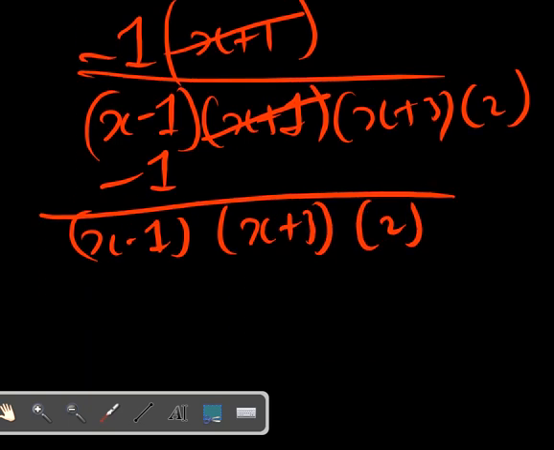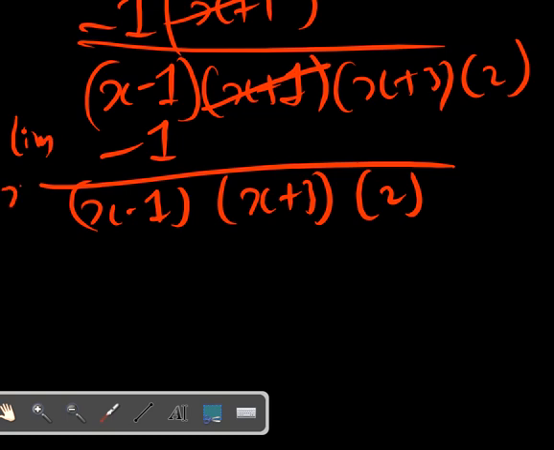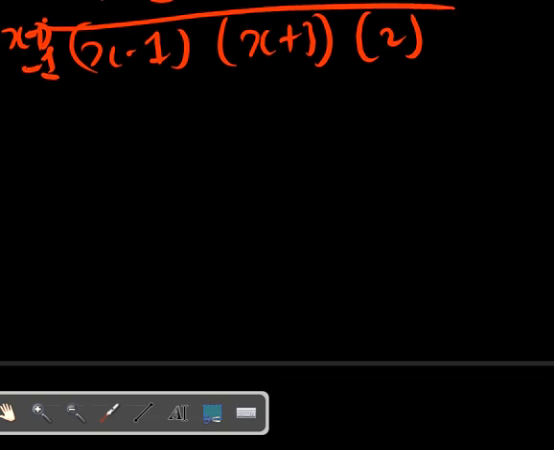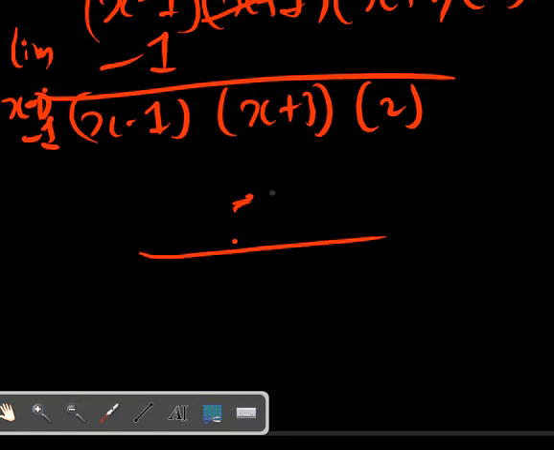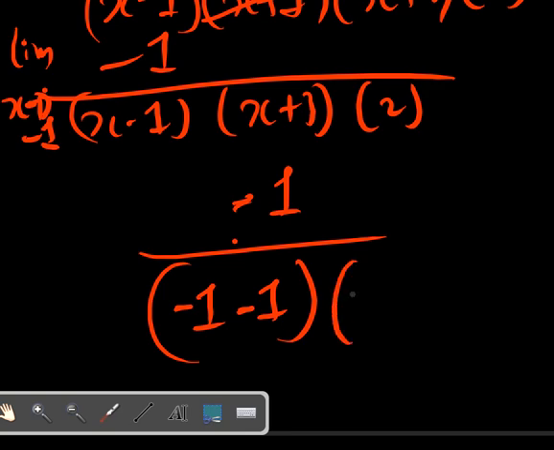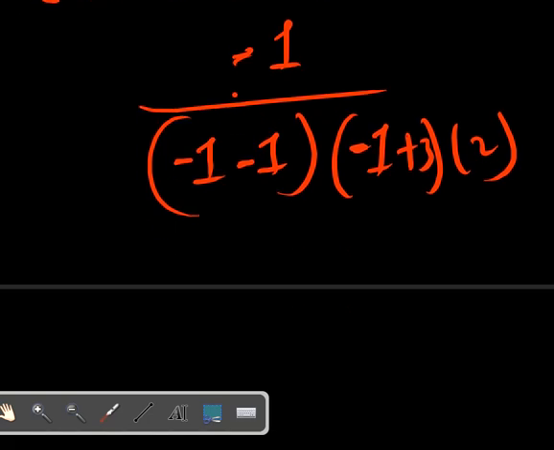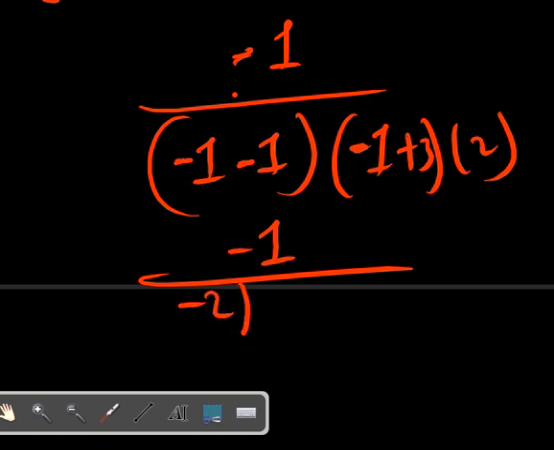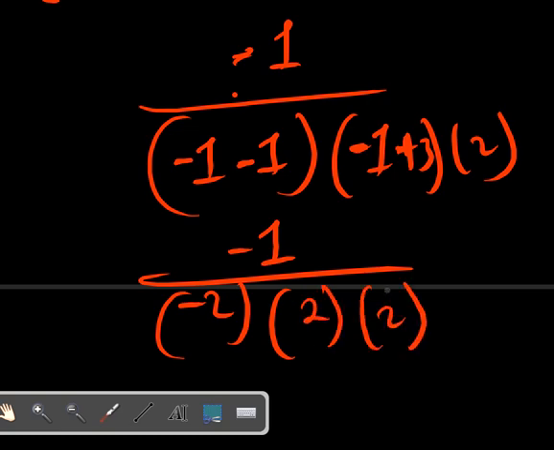Now the question, remember, says to find the limit as x approaches negative 1. So wherever there's an x value, we've got to input negative 1. I'm going to put negative 1 into this expression and simplify it to find the limit. Negative 1 minus 1 gives negative 2, and negative 1 plus 3 gives 2, and there's the 2.